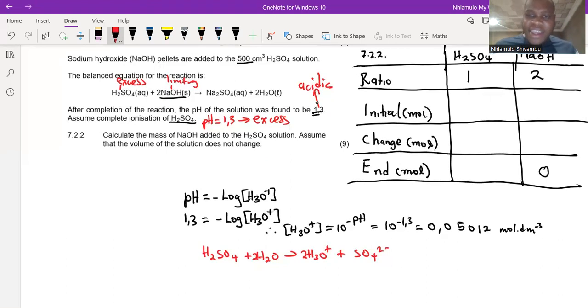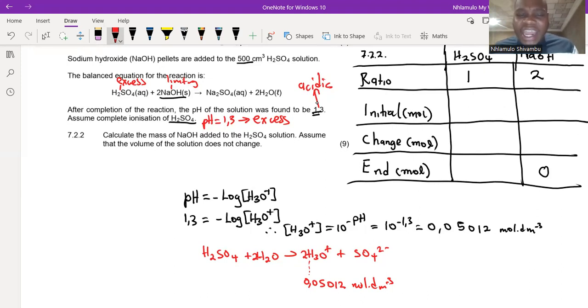So we have the concentration of hydronium, and we are trying to get the concentration of sulfuric acid. The concentration of hydronium that we have is 0,05012 mole per dm cubed. But in our RICE table, we have H2SO4. How do we get the H2SO4?